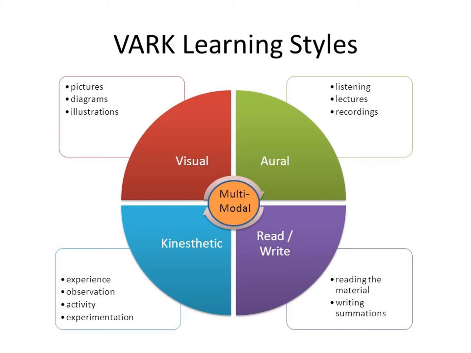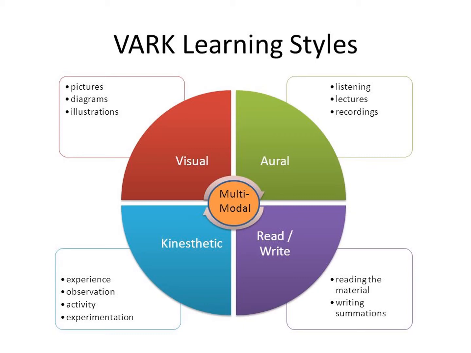If you're a read-write learner, then you may have a preference for reading material and writing summations. If you're a kinesthetic or hands-on learner, you may have a preference for experiences, for observations, for activities, and for experimentation.